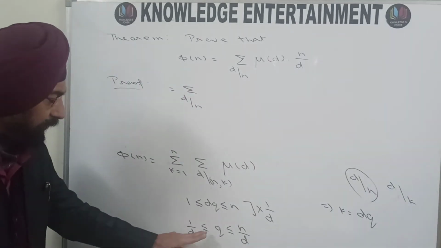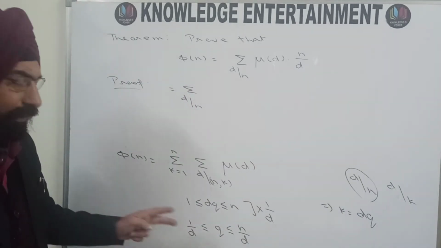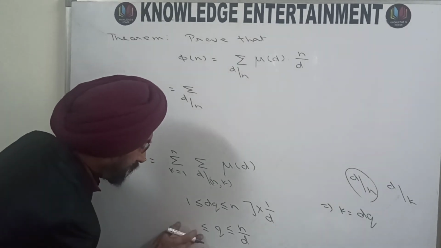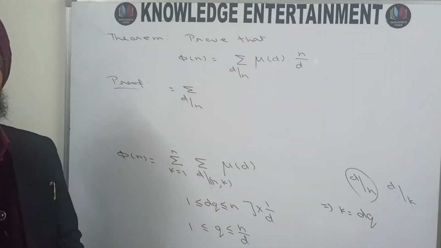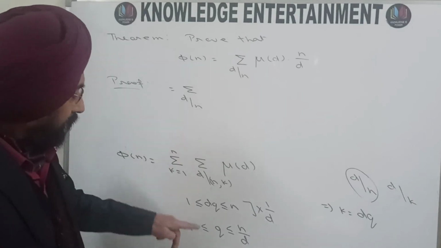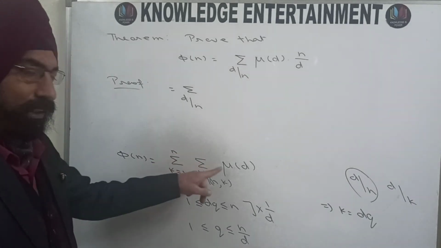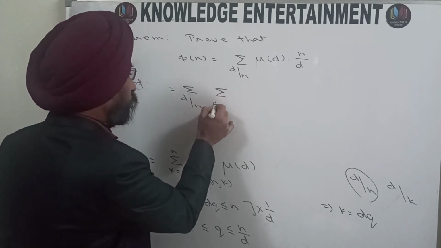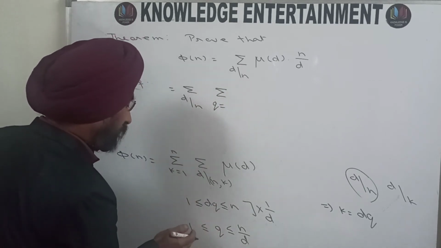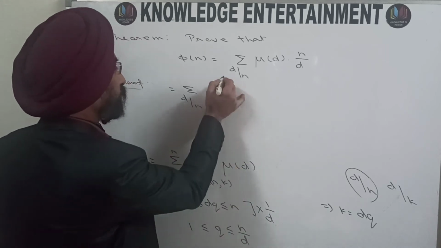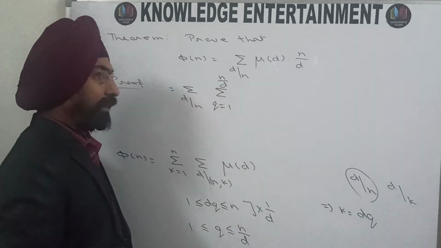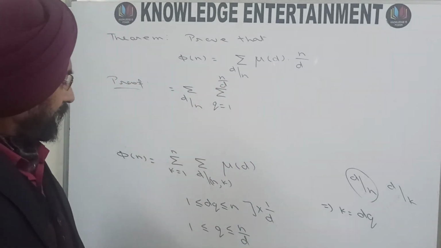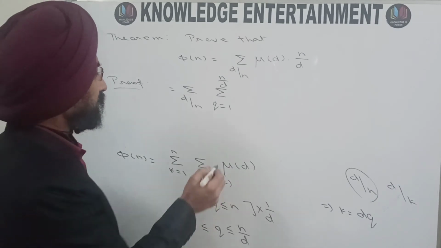And since d is greater than or equal to 1, the second summation, where you have two summations, I am taking as q, varying from 1 to n upon d, and the term you have is mu d.